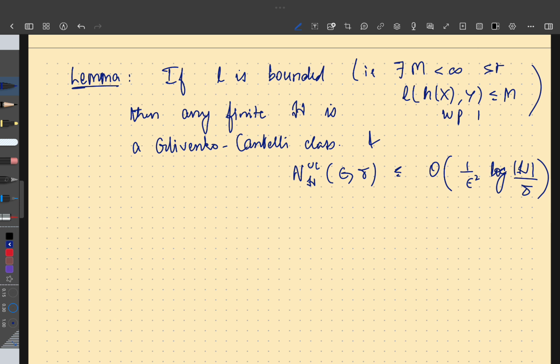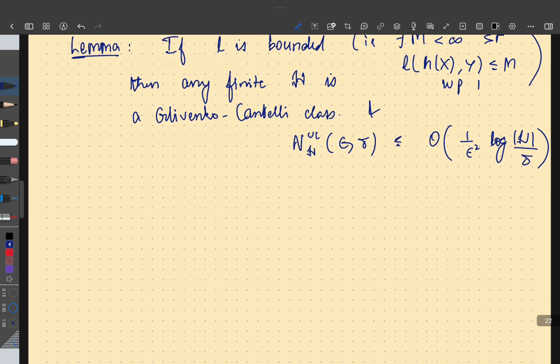Okay, how do we use Hoeffding's inequality? Great. So first, we know that L is bounded, and the random variable that we are interested in bounding is basically the empirical risk, which is nothing but 1 over n times the summation i equals 1 to n of L of h of xi, yi.